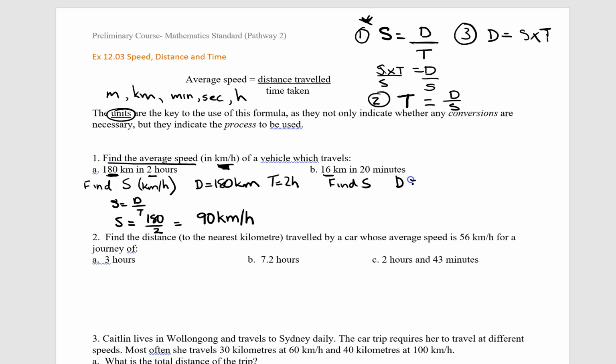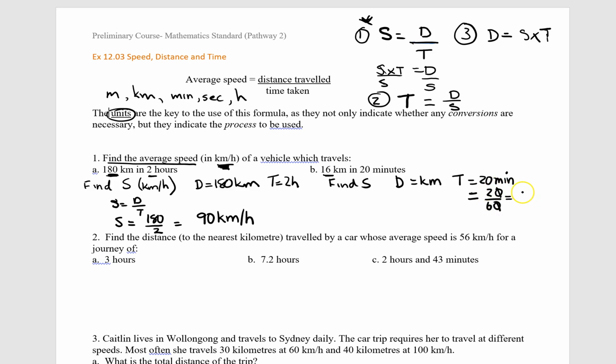Kilometres are the distance, and now the time is given as 20 minutes. We don't very often express the speed as kilometres per minute. So we're going to change this 20 minutes. 20 minutes is 20 out of 60 minutes, and that's part of an hour.